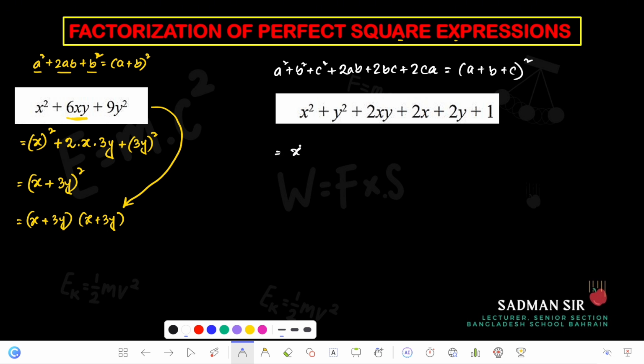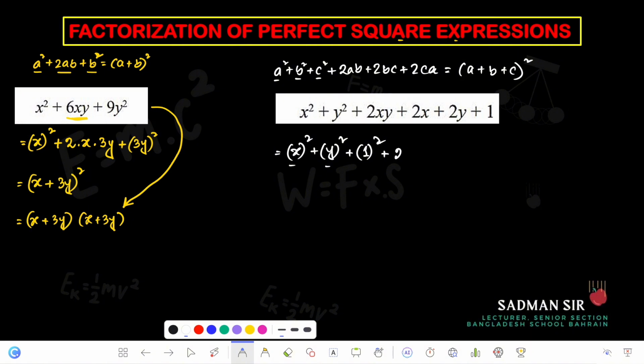Let us see. x square is x whole square, y square is y whole square, so we have a square and b square here, but we need another c square. You can see there is a 1 here, so I can write it as 1 square, because 1 square is 1 only. So we have a as x, b as y, and c as 1.